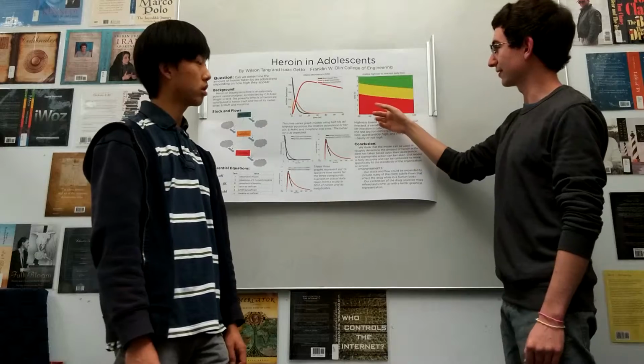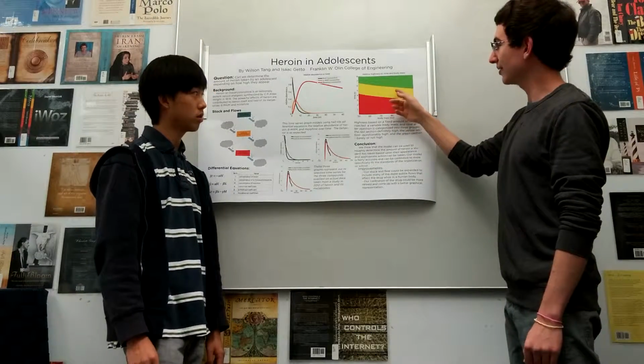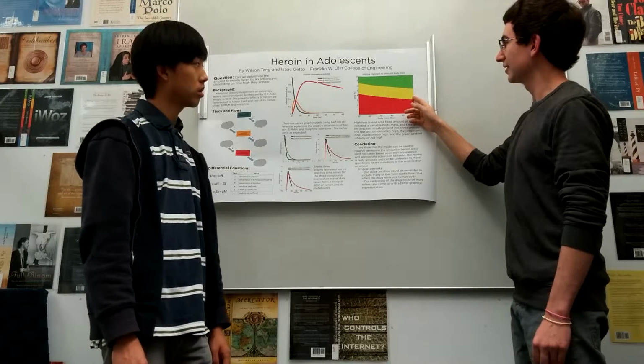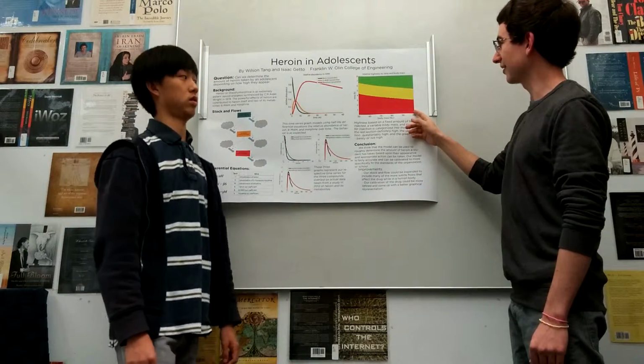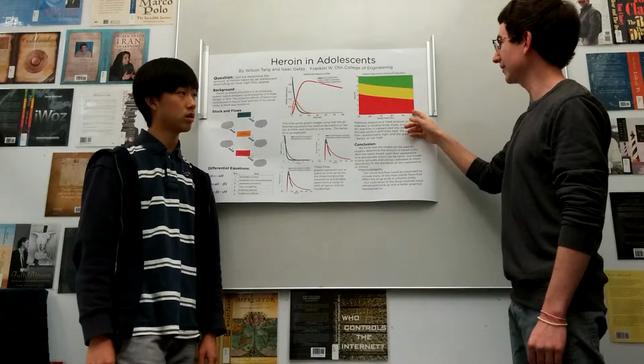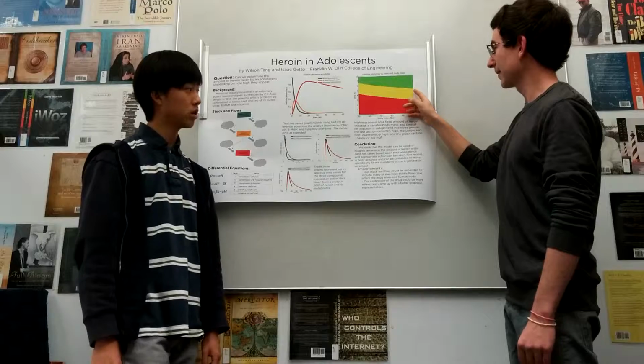So these people are definitely high. In the yellow section, they have waited more time, so they are questionably high. And then finally, in this green section, these students have experienced a long time after taking the heroin, so they are not high.